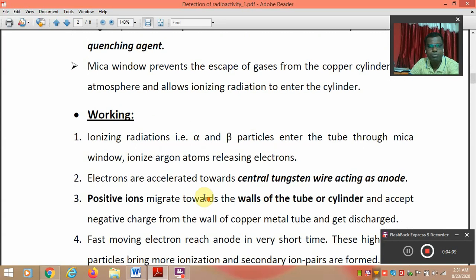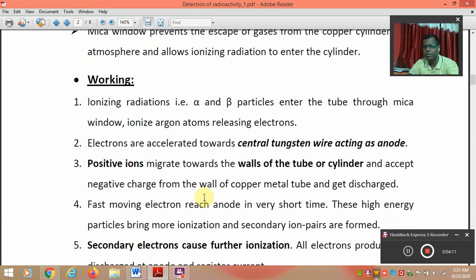During the discussion of the working of this Geiger-Counter, these ionizing radiations, particularly alpha and beta radiations, and why not the gamma radiations, which we will discuss later on, whenever they enter the mica window, are responsible for the ionization of argon atoms, and there is a formation of ion pairs, because the whole working of this Geiger-Counter is based upon the formation of ion pairs.